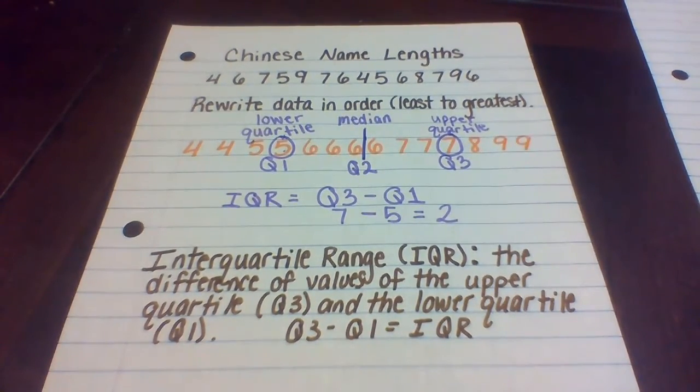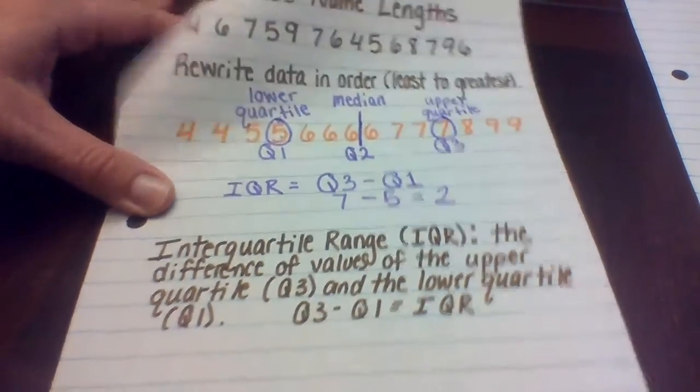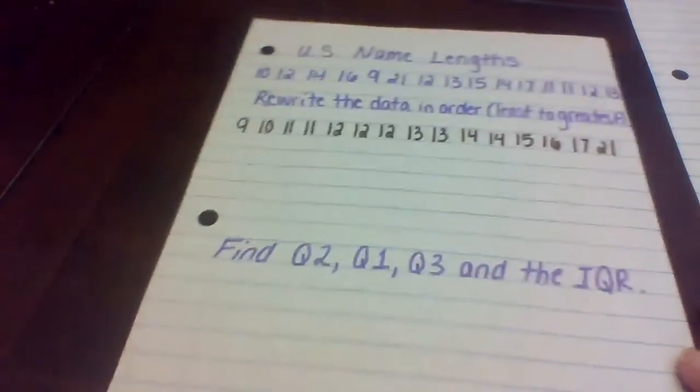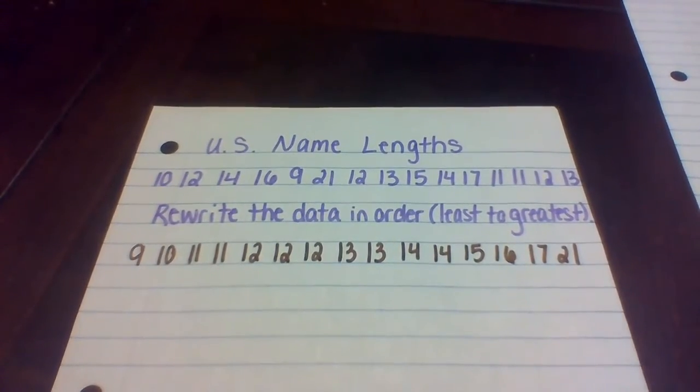And I'm going to do one more example with you to help you understand interquartile range. So let's look at US name lengths. Now, if you have a piece of paper and a pencil at home, go ahead and write these numbers down.